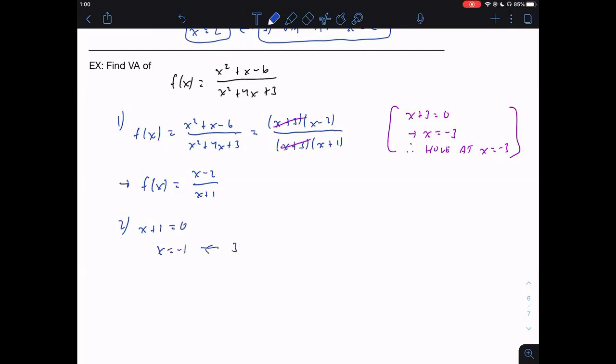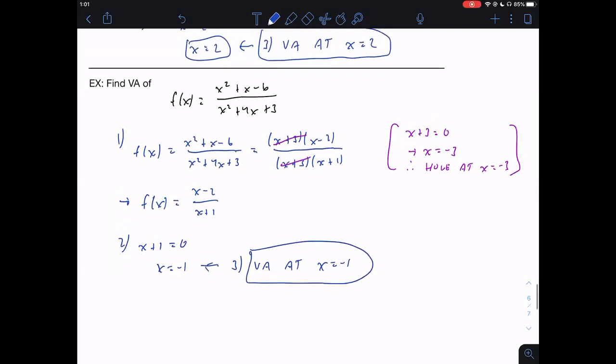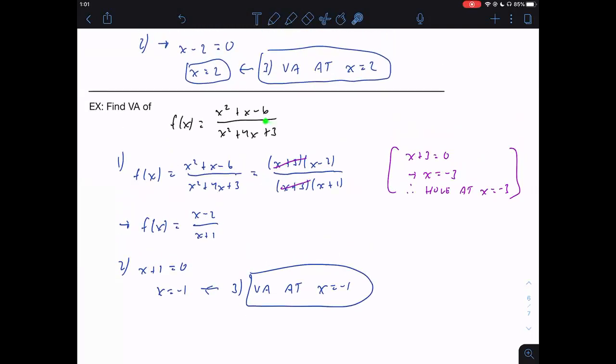Since negative 1 can still make the denominator 0 even after simplifying, the negative 1 here represents a vertical asymptote. So we have a vertical asymptote at x equals negative 1. For this function, we have a hole at x equals negative 3 and a vertical asymptote at x equals negative 1.